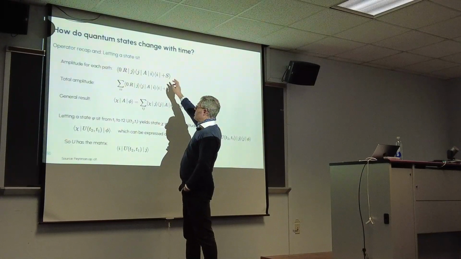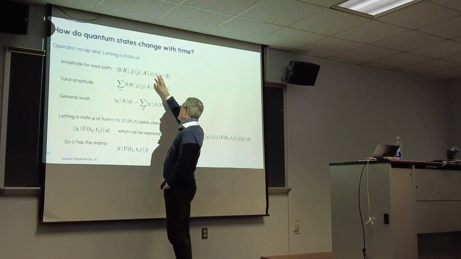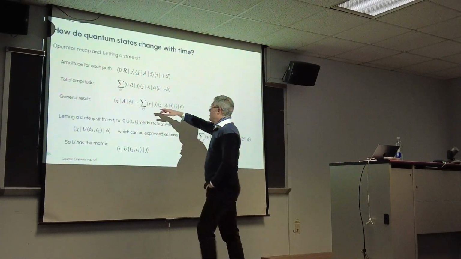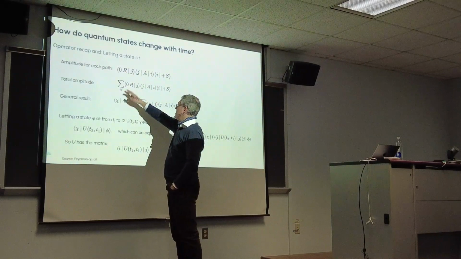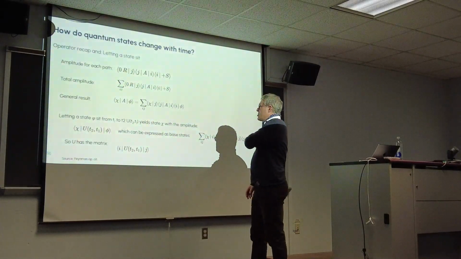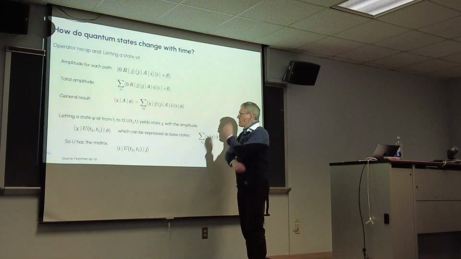We can calculate this for each path by putting in the base states and multiplying this through, and then for all i's and j's we sum it up, and the general result now looks like this.